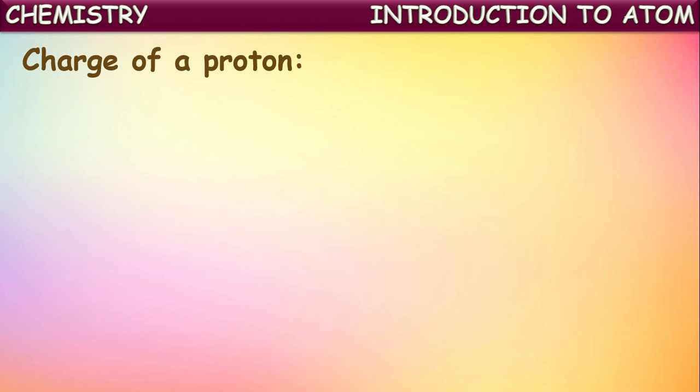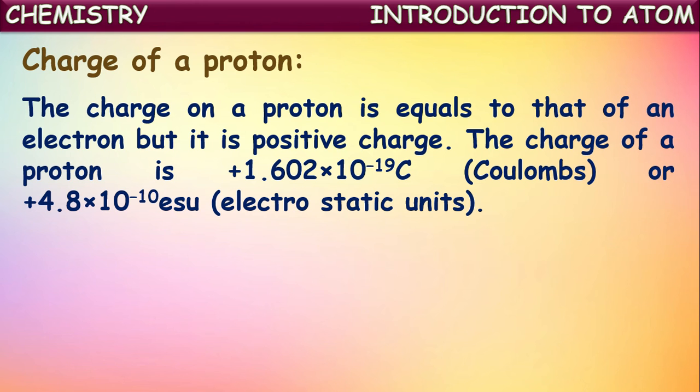Now the charge of proton. Proton here represents the smallest particle of these anode rays, that is the H plus ion. The charge on a proton is equal to that of an electron, but with the opposite sign, that is, positive. We know the charge of electron is negative, whereas the charge of proton is positive. The charge of a proton is 1.602 into 10 to the power of minus 19 coulombs, which is quantitatively equal to the charge of electron.